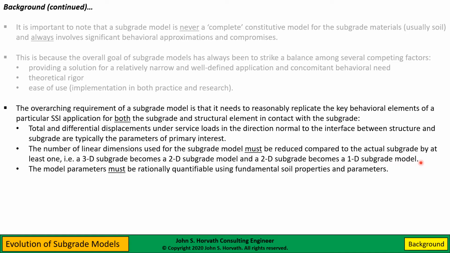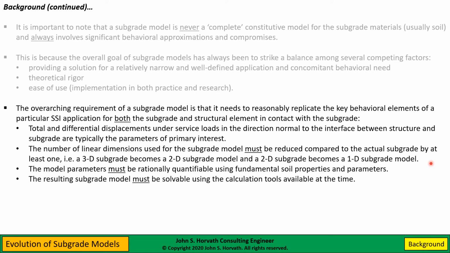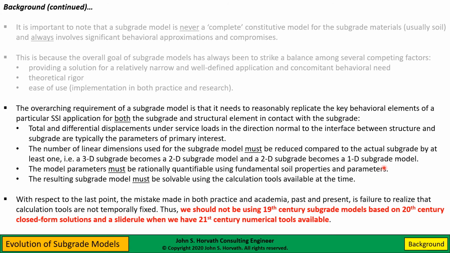You must be able to relate the model parameters to fundamental soil properties and parameters. Although these model parameters are not in and of themselves fundamental soil properties, they have to be related to soil properties and problem parameters. You have to be able to solve it in the calculation tools available at the time. And it's really this last point where I think both practitioners and academicians, past and present, have failed.